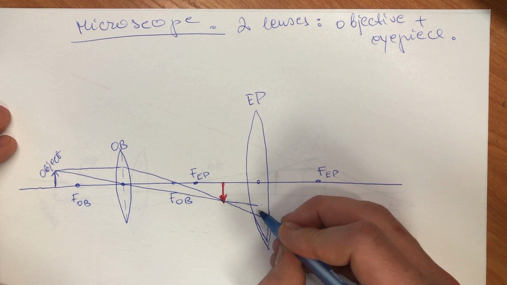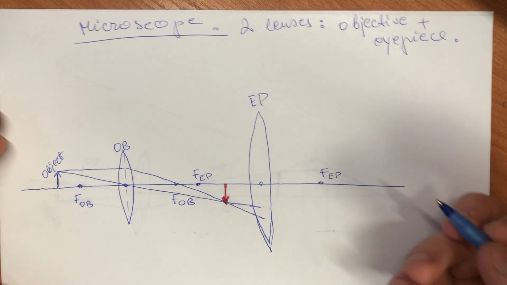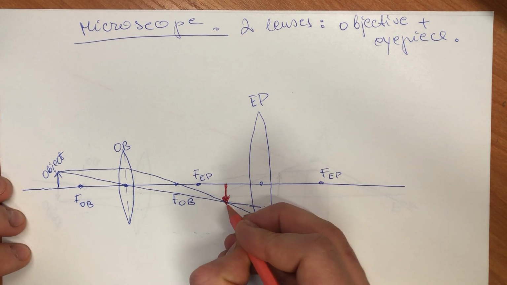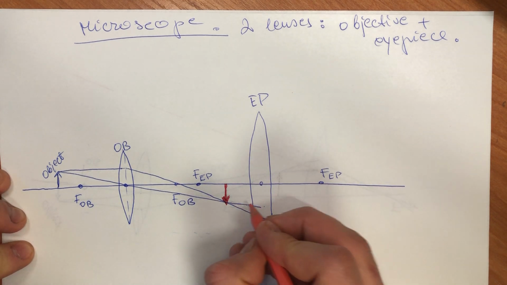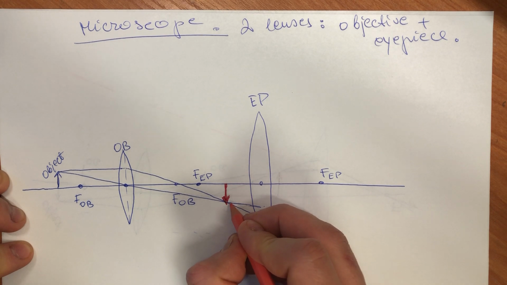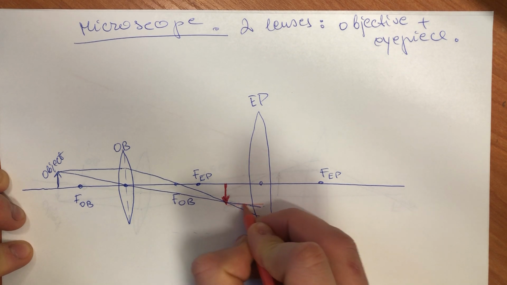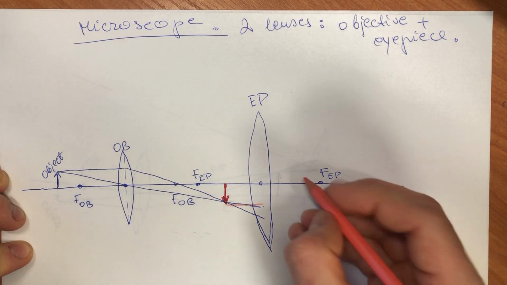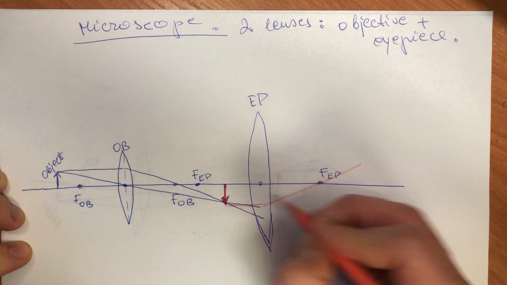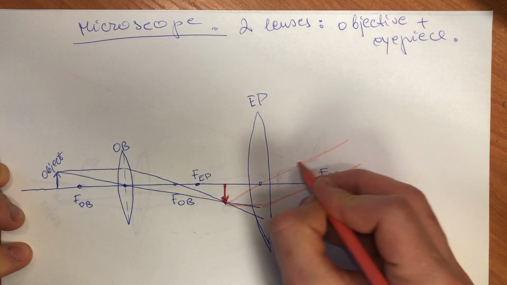Now if we have this kind of image here, we would take a light ray that goes parallel with the optical axis. That one goes through the focal point, and another one goes straight to here.